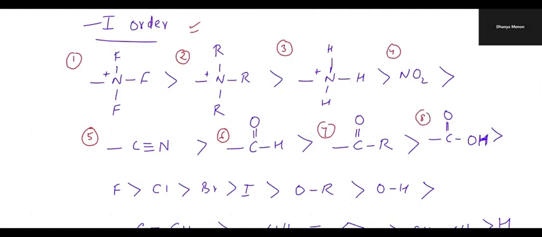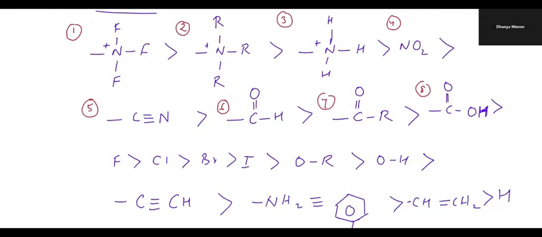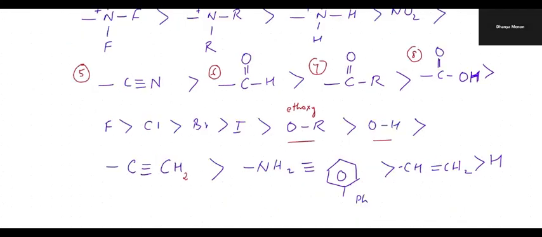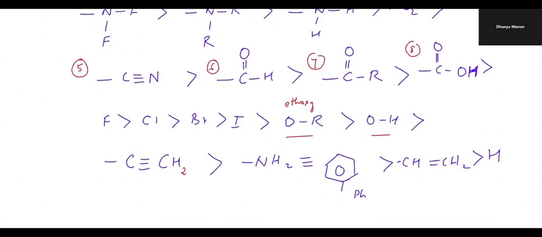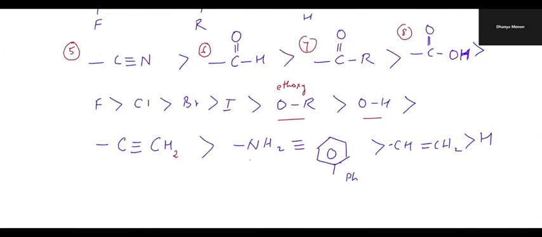Then we have all the halogens: fluorine, chlorine, bromine, iodine. Then we have the ethoxy group. Then the alcohol group. Next we have the CCH2 group with a triple bond. Then we have the amine NH2 group and the phenyl group that are almost similar, equal.